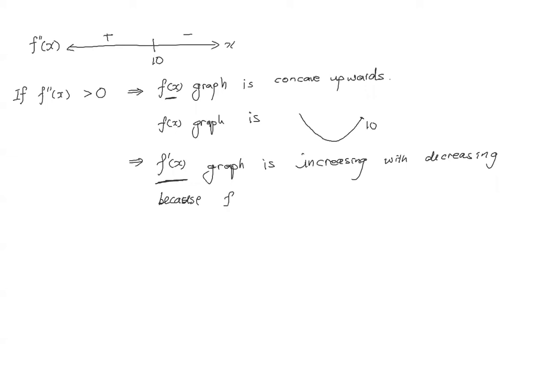f double prime 10 is equal to 0, and after x equal to 10, that means for x more than 10, f double prime x is negative.